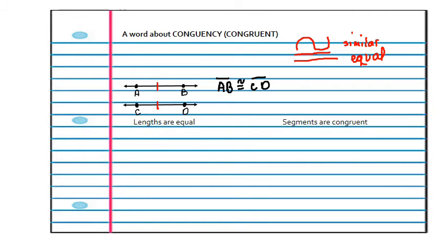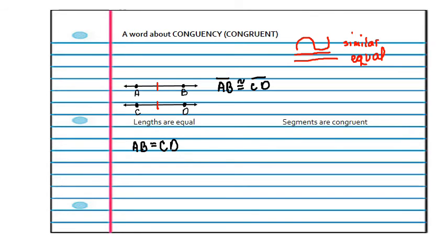Now, when lengths are equal to each other, we will write AB is equal to CD. Anytime we're talking about measure of segments, it's not going to have the little line, and it's going to be equal to each other. Some people are picky about this, others not.